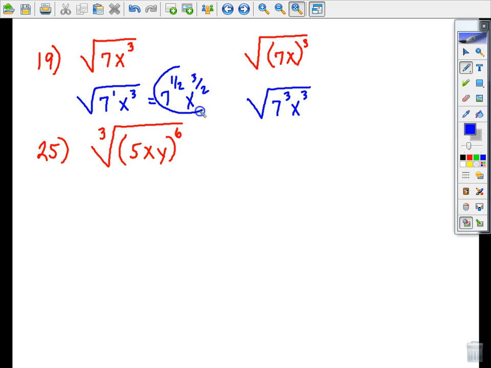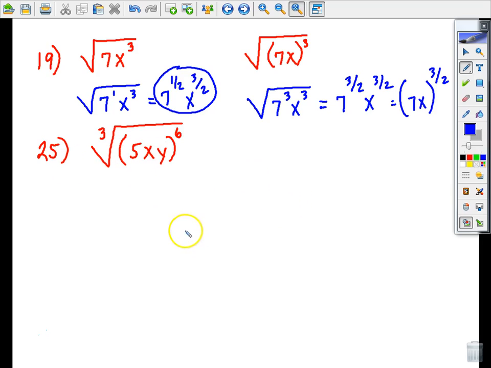Okay. What about over here? Josh, how would you write this in exponential form? Maybe 7 to the 3/2, x to the 3/2. Very good. And another way of saying that is you could just say all of 7x raised to the 3/2. In this particular case, it wouldn't bother me either way.